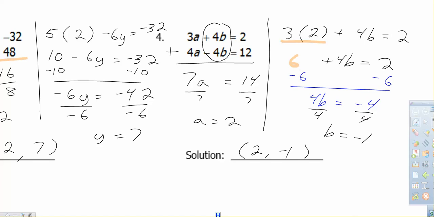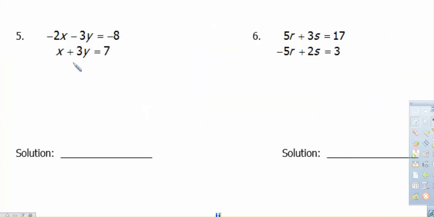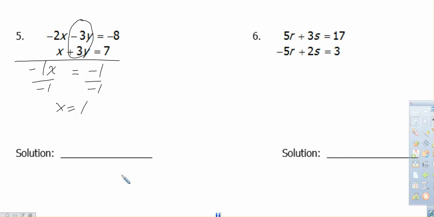All right, number 5. 0 pair right here. All right, so this will become negative 1x. When we add those together, equals negative 1. Which means, dividing by negative 1, that x equals positive 1. All right, replacing that in whichever equation you pick, you can use that second equation if you'd like.